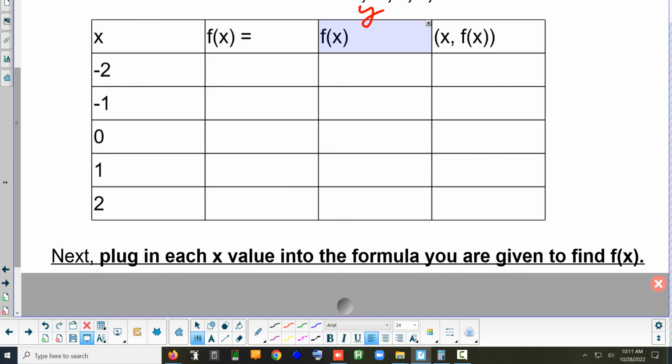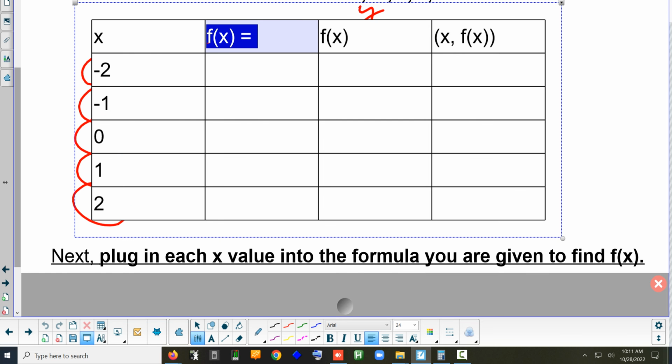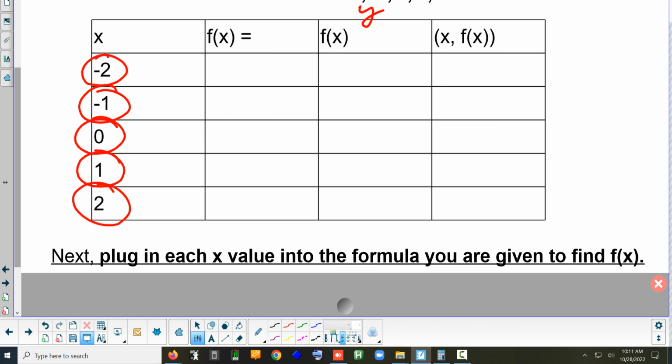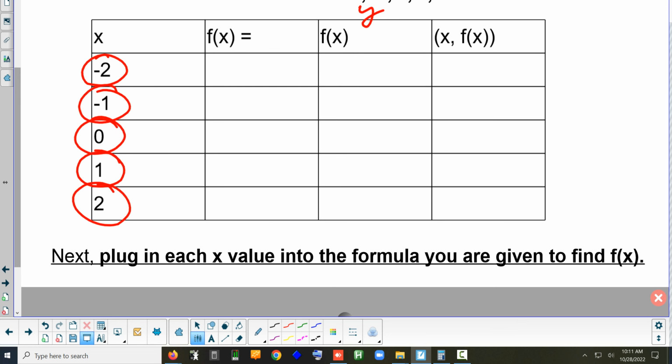So, once you have your table, plug in each one of these numbers into the formula that's going to be at the top of box 2. So you'll have a formula there. You're going to plug all those numbers in. In the third column, you're going to write out the answers.